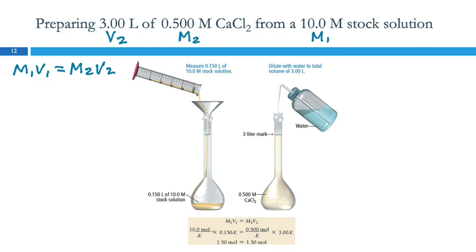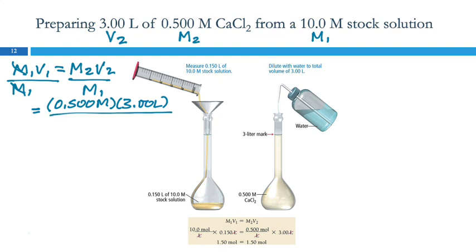And I'm trying to solve for the volume that I need. So I'm going to divide both sides by the molarity of solution 1. And so I'm going to get 0.500 molar times 3 liters divided by 10 molar.